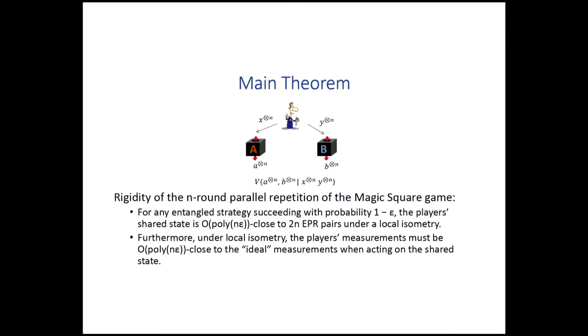And the other thing that we can show is that the actual measurements, when acting on the state, have to be close to the ideal measurements. So they have to be close to the n-wise product of Pauli measurements. So that's the main theorem, and it was important to us to do this using a test that has a classical verifier.